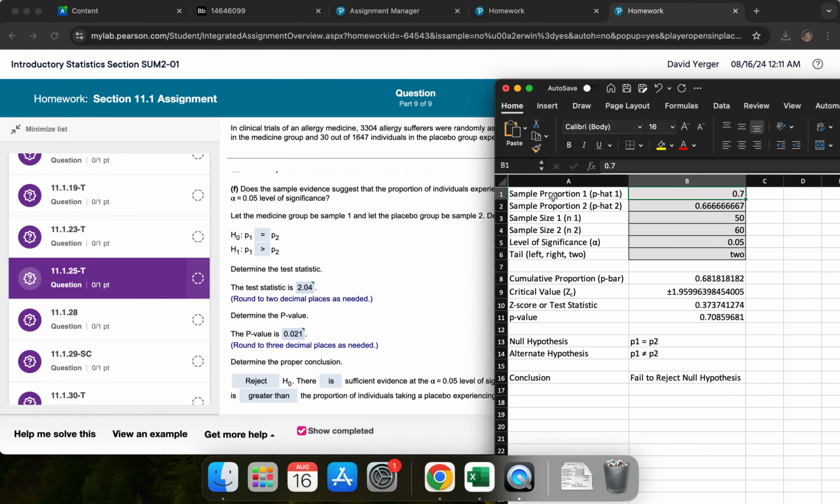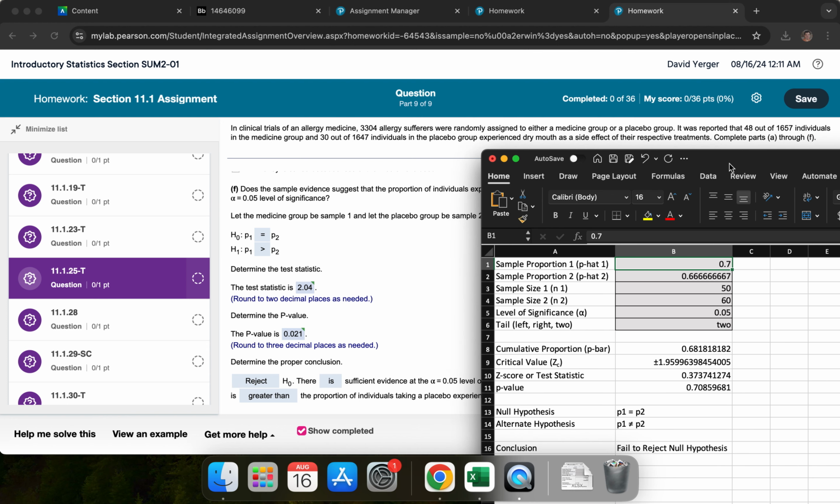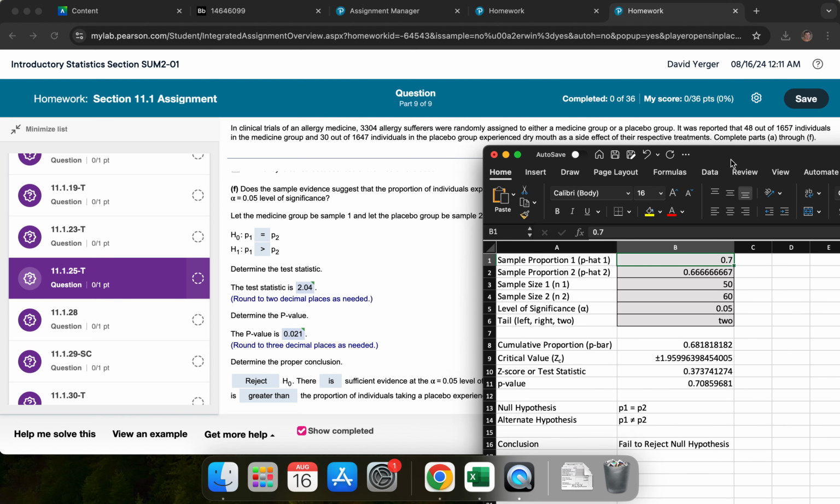So sample proportion 1, this would be the proportion for the medicine group. So we're taking 48 out of 1,657. So I type that there, equals 48/1657.